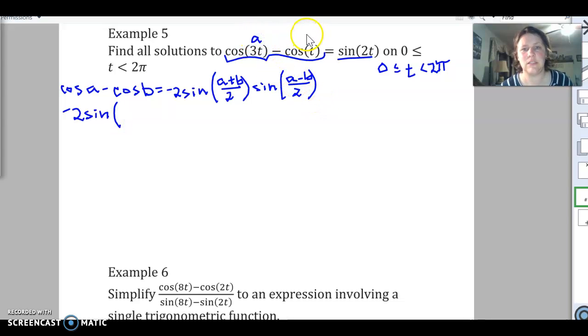A is going to be 3t, B is going to be t, so we have negative 2 sine of A plus B, which is 4t over 2, and then sine of A minus B, which is going to be 3t minus t, which would be 2t over 2.